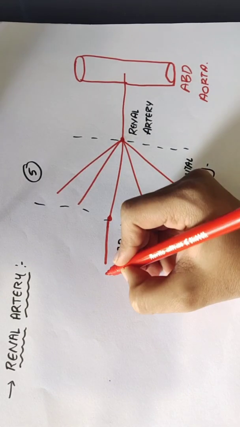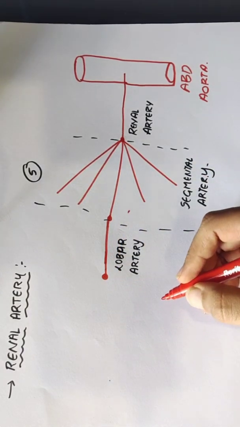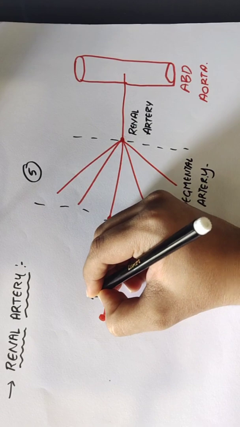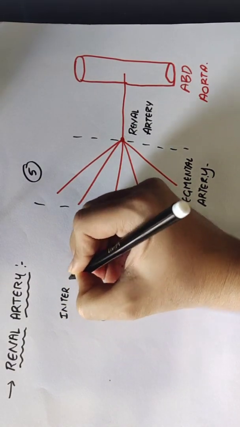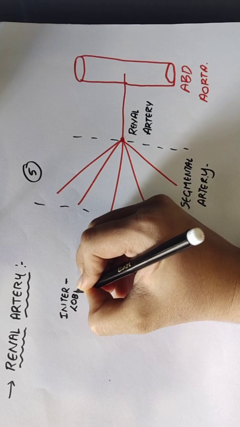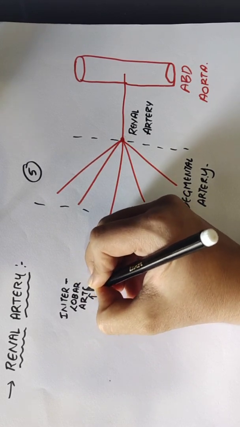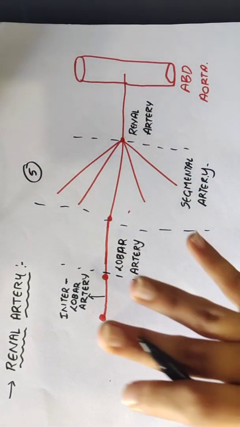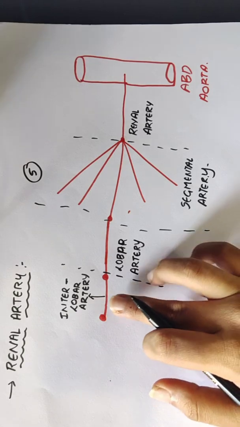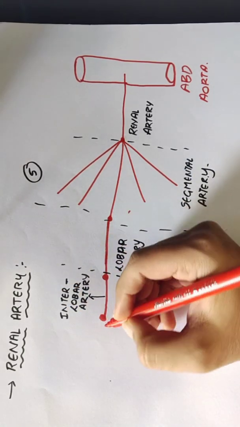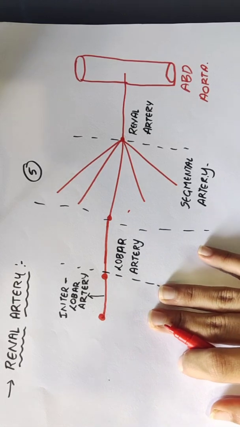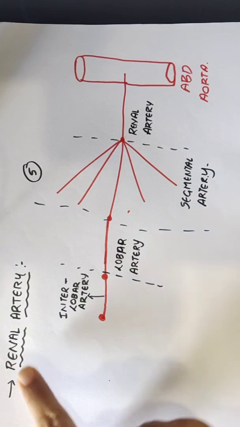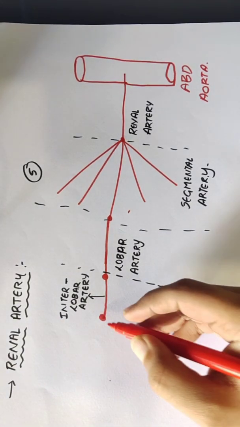The lobar artery further continues as the interlobar artery. So we are done till the interlobar artery. Further, this interlobar artery divides as the arcuate artery. The arcuate artery divides into 2 branches. One is to the left, called the left arcuate artery. One is to the right, which is called the right arcuate artery.